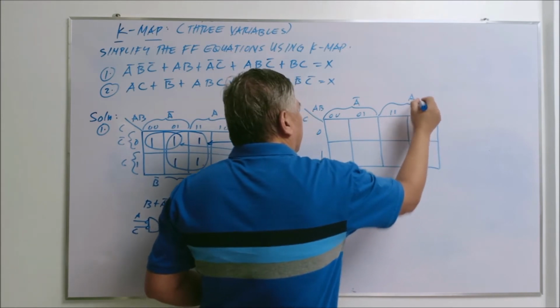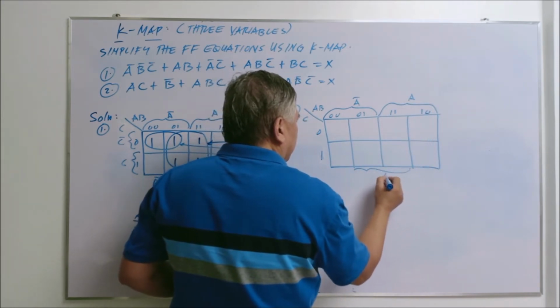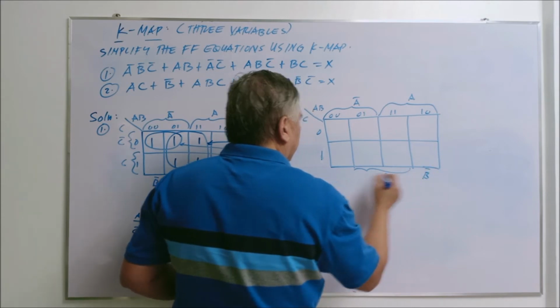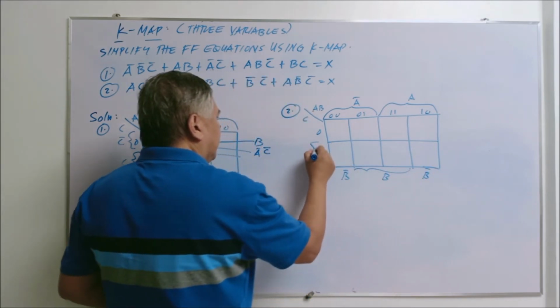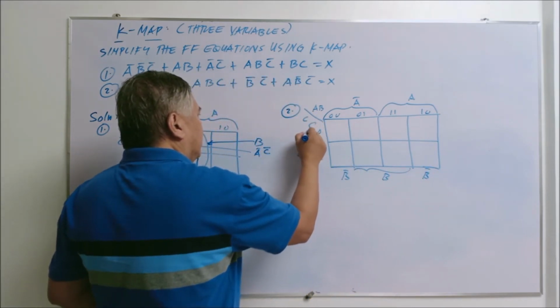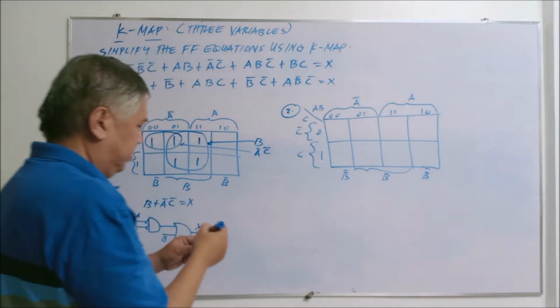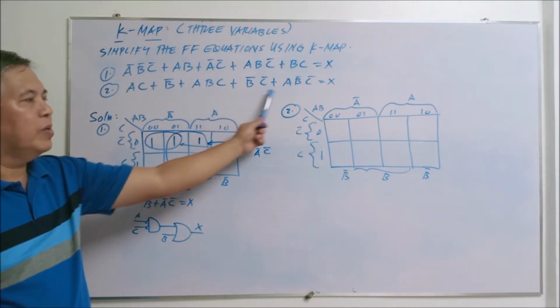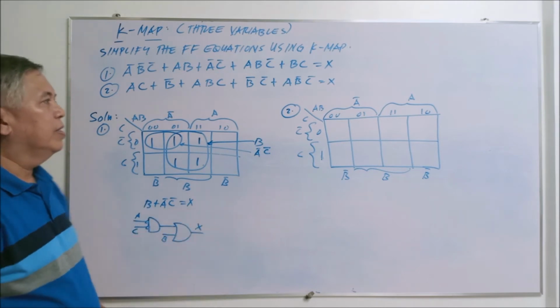This is under A, B, B bar, B bar, C, and C bar. Okay? Then we locate this particular equation into our map.